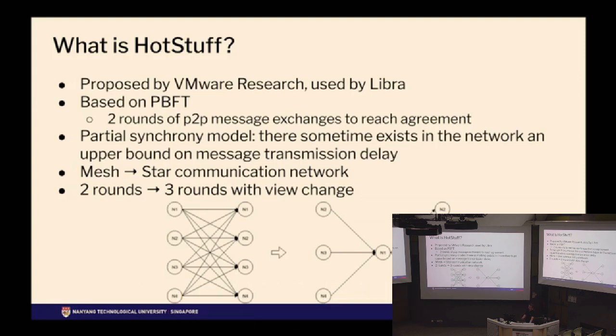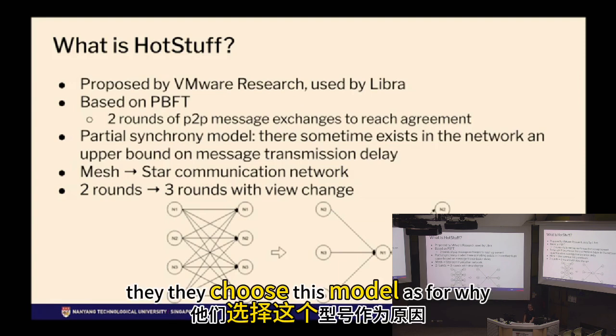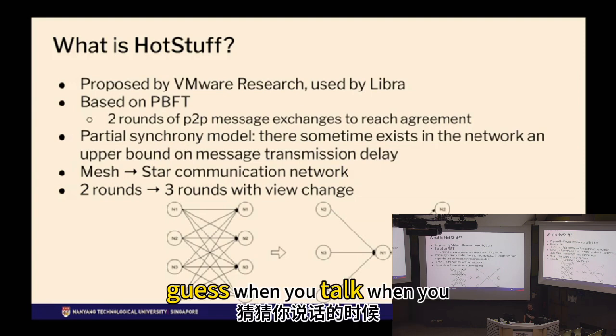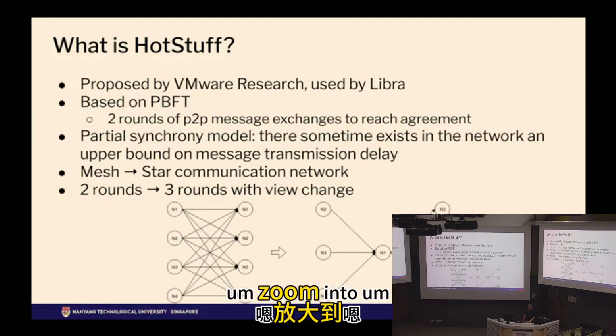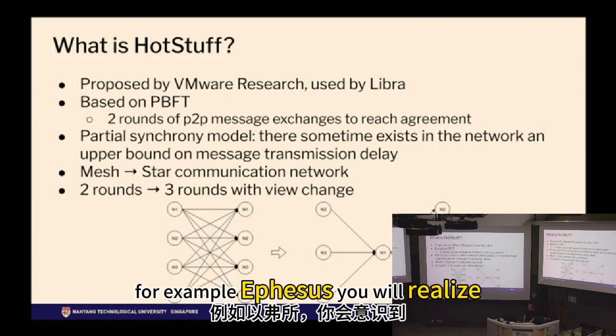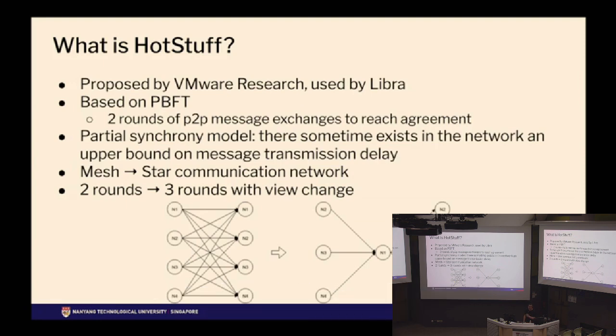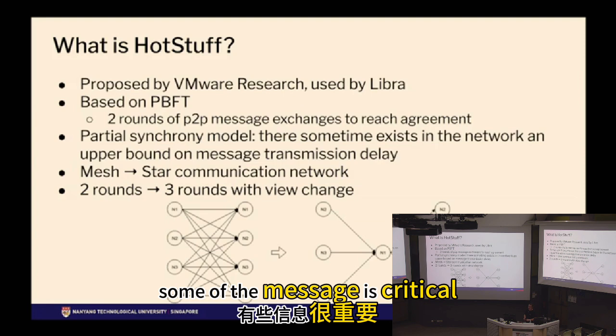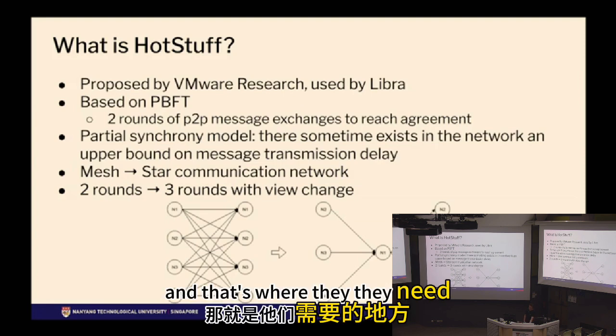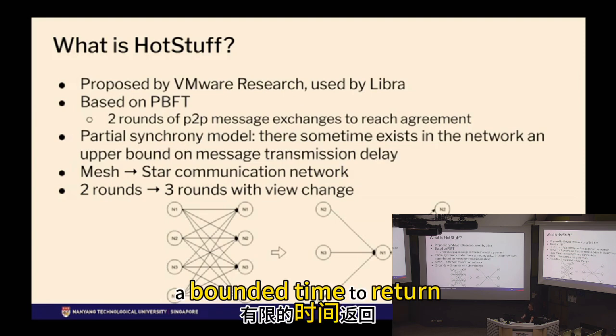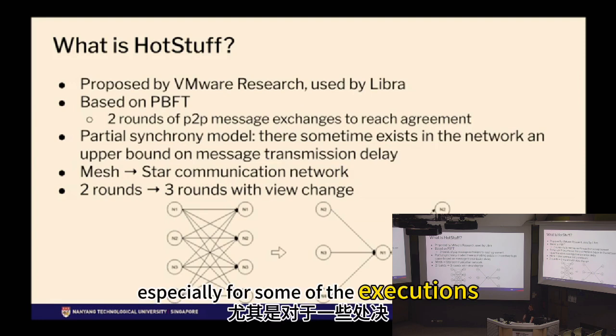That's why they choose this model. As for why, when you zoom into, for example, Aptos, you will realize some of the messages are critical, and that's where they need bounded time to return, especially for some of the executions.